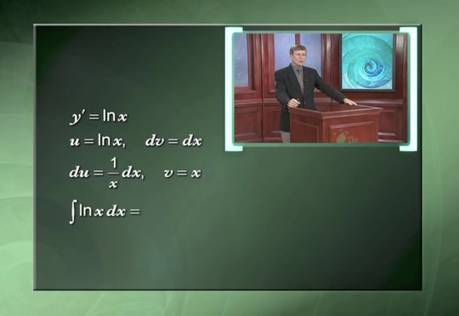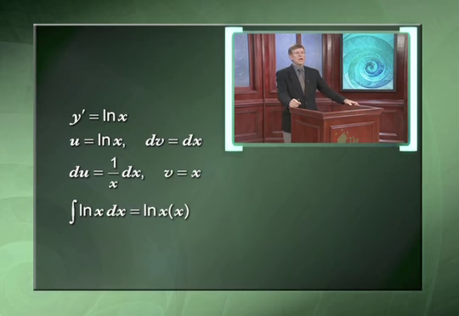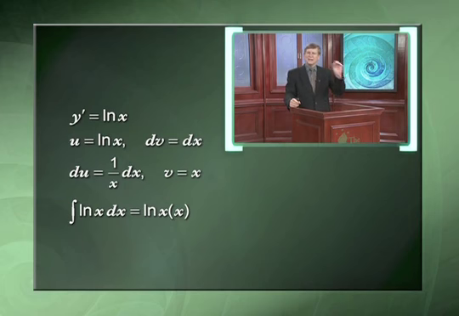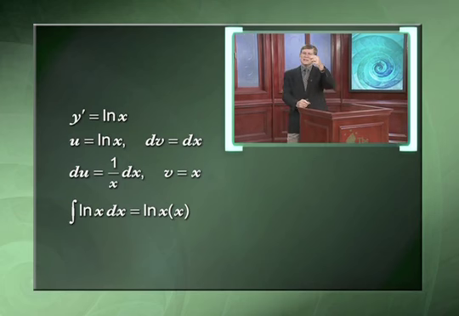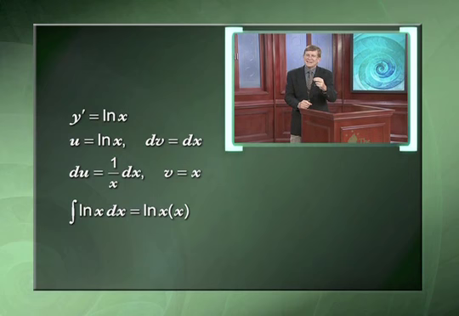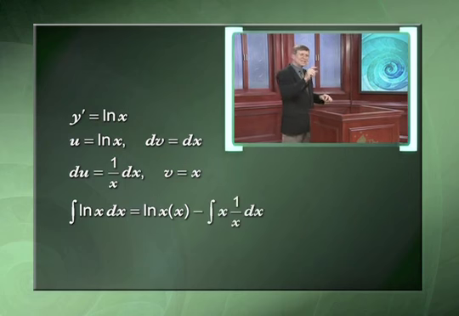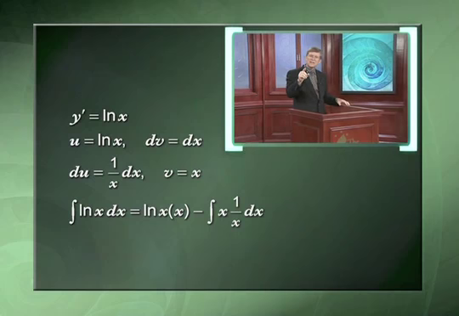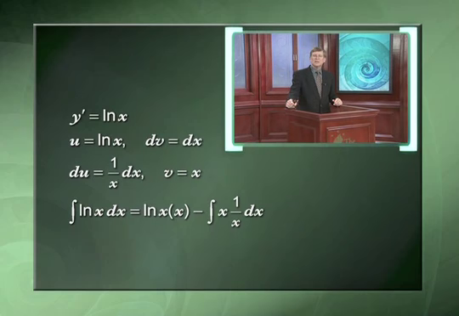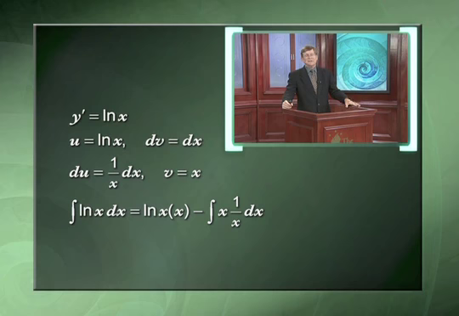The integral of log x dx equals u times v. U is log x, v is x, so it's log x times x minus a new integral, the integral of v du. And who is who here? V is x, and du is 1 over x dx. So we have x log x minus, and that integral is the integral of 1, so it's x.